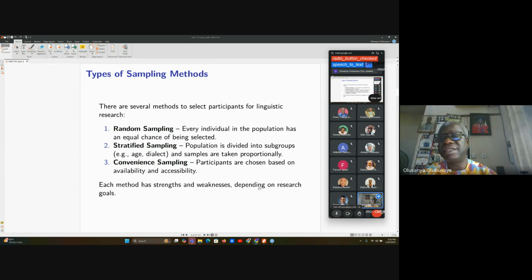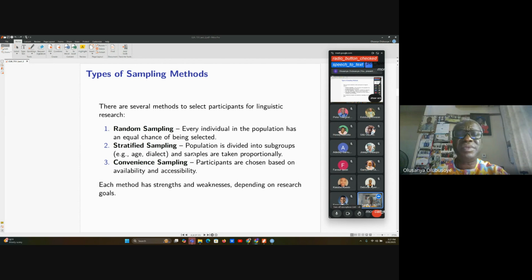Any technique that is not treating a member of the population in a special way is called probability sampling method, or simply put, they are random sampling techniques.